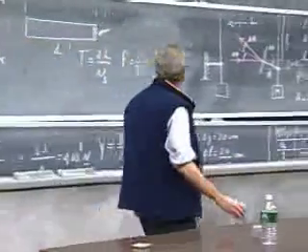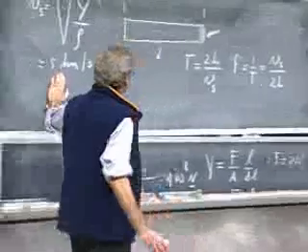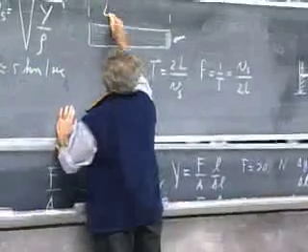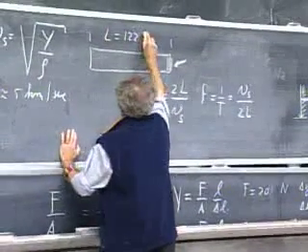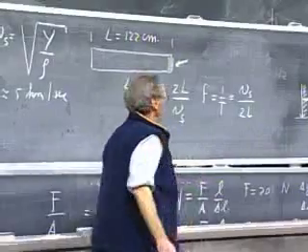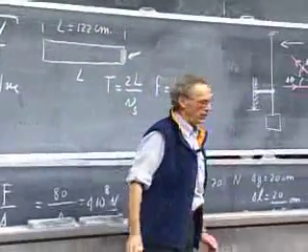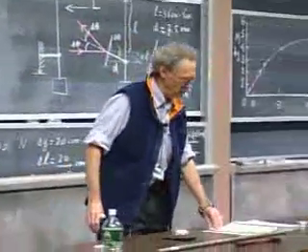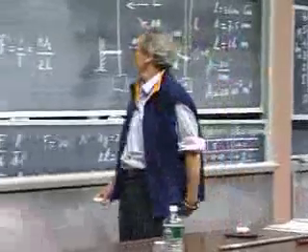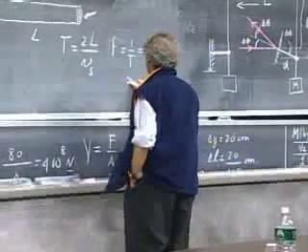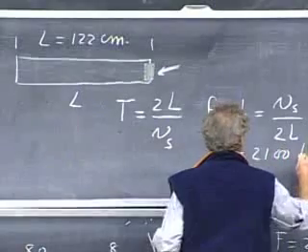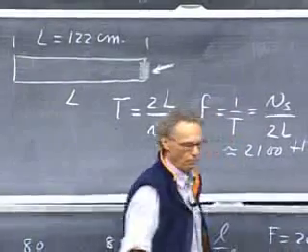The speed of sound is about 5 kilometers per second. The length of the bar is about 122 centimeters. And so that translates into a frequency of roughly 2100 hertz. So the frequency for this magnesium bar is about 2100 hertz.